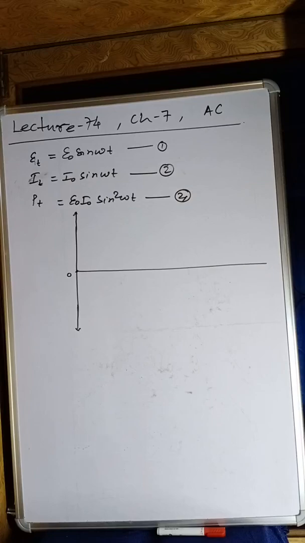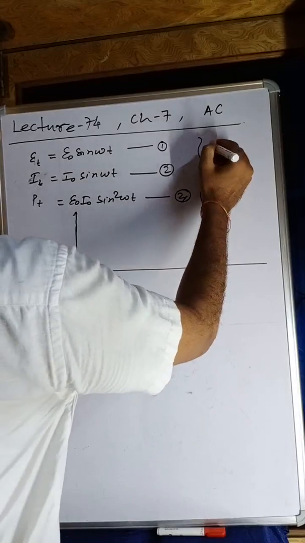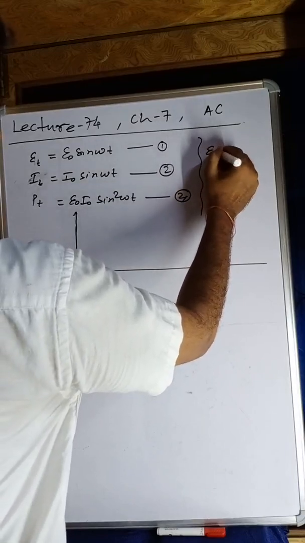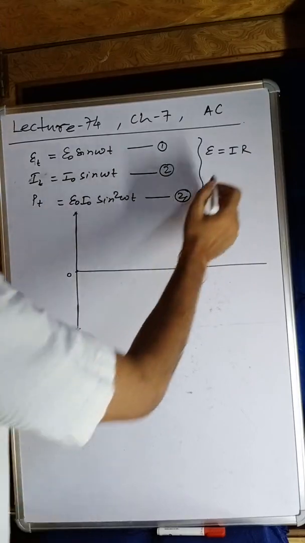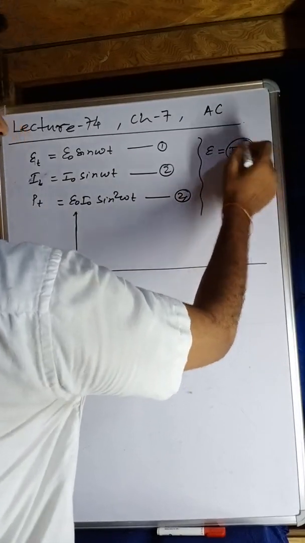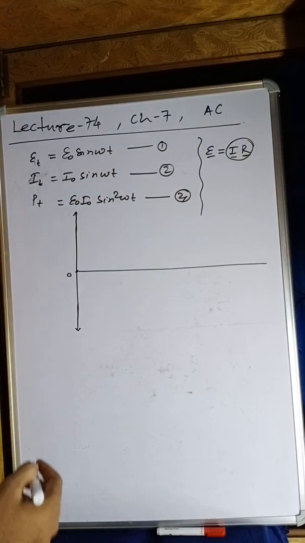And remember, everywhere in this chapter the voltage will have the greater amplitude. Why? Let me recall. E is I times R, so this I multiplied with R increases the amplitude of E. That's why I'm telling you.